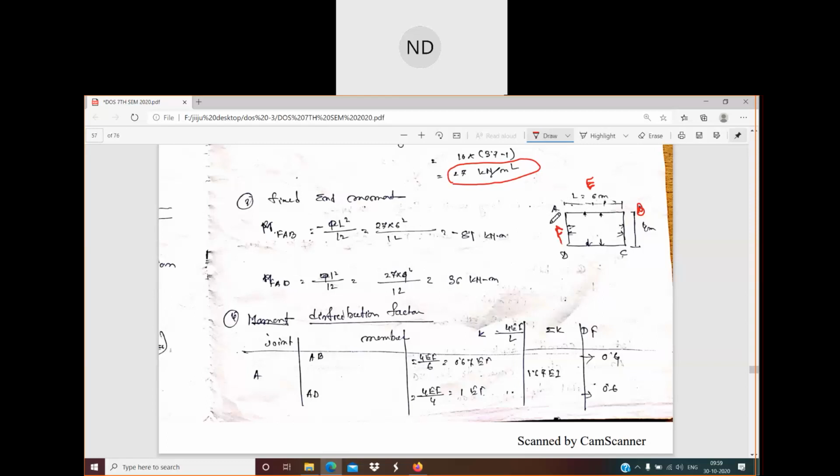Now FAD. This is A B C D, this is your F, this is your E, 6 meter and 4 meter.